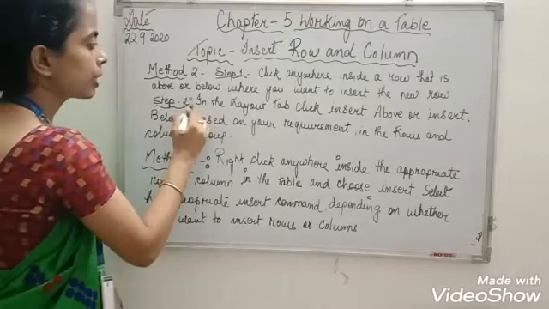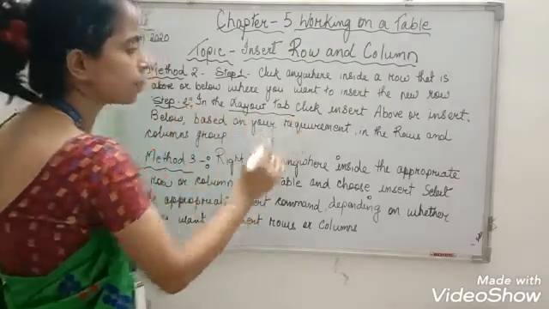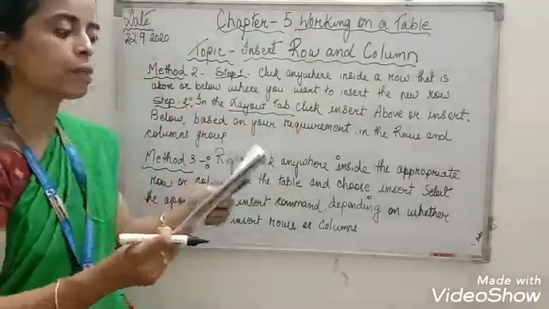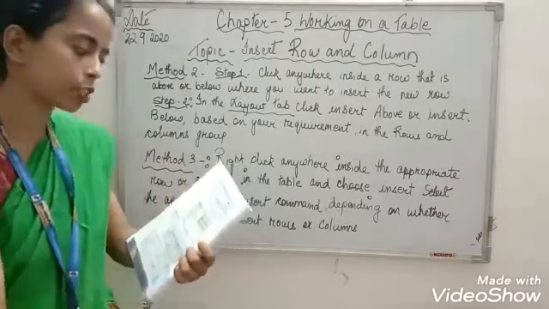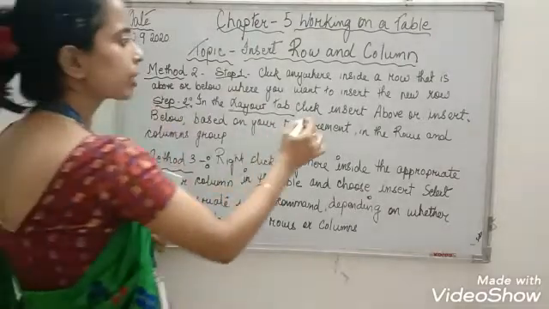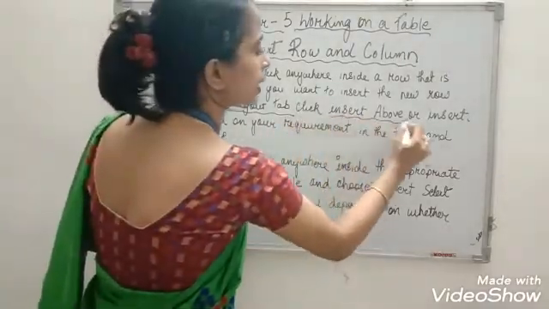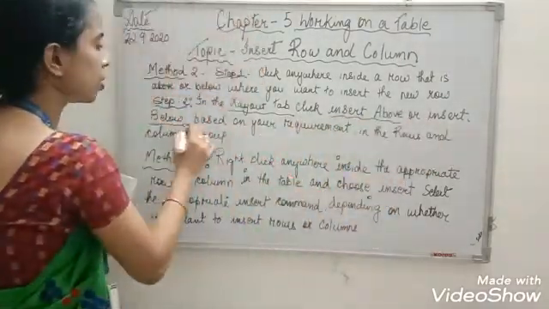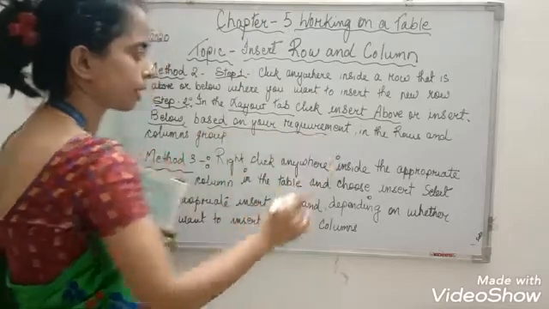Step 2, in the layout tab. Which tab? Layout tab. Where will you get the layout tab? You will get it in the menu bar. Click insert above or insert below based on your requirement.